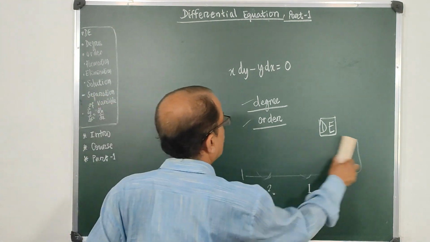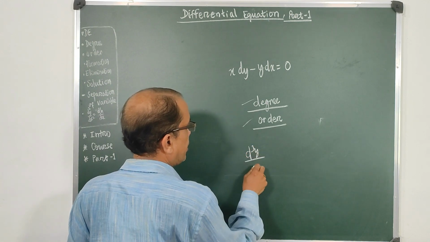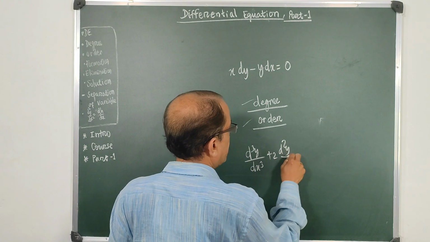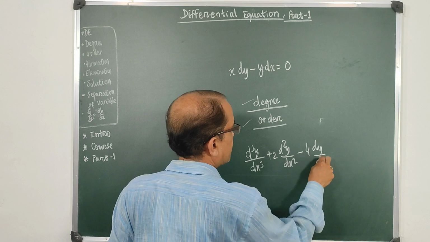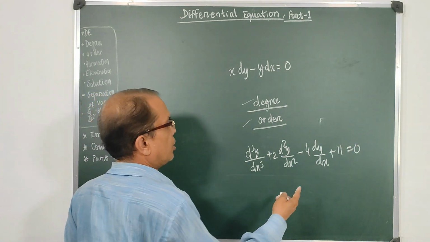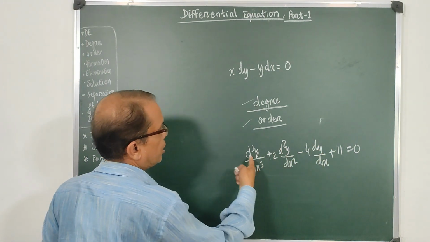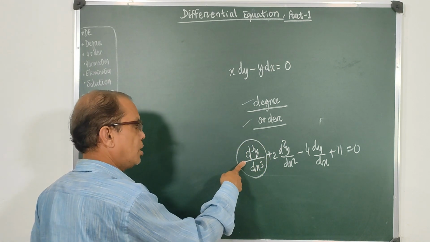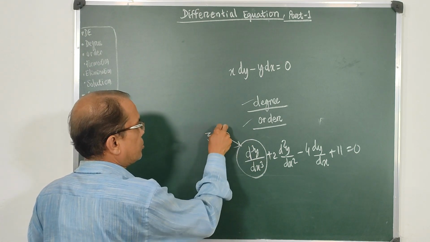Similarly, let us go for more orders: d³y/dx³ plus 2 d²y/dx² minus 4 dy/dx plus 11 is equal to 0. We can easily find that the number of successive differentiations here is 1, here 2, and here 3. So the maximum number of successive differentiations is thrice. So this is a third order differential equation.